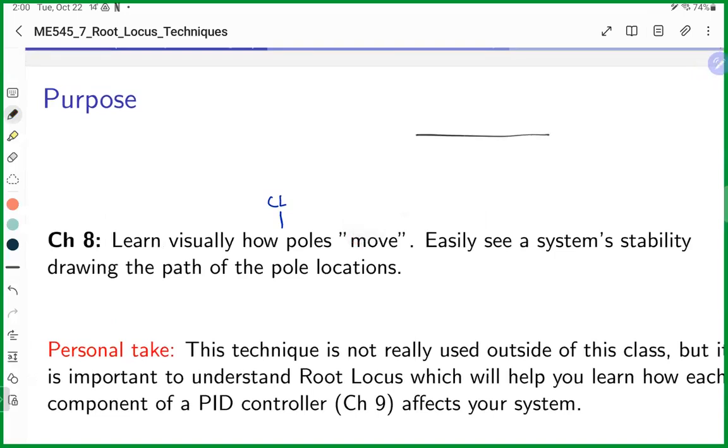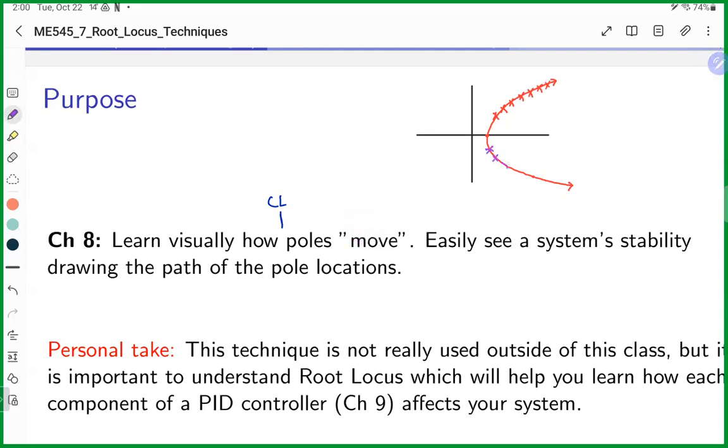So imagine if I had a pole zero map and I can see the open loop poles start here, or maybe they start here and then they just veer out like that. And each of these points is a pole location.